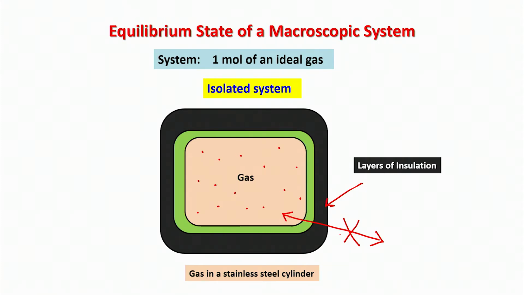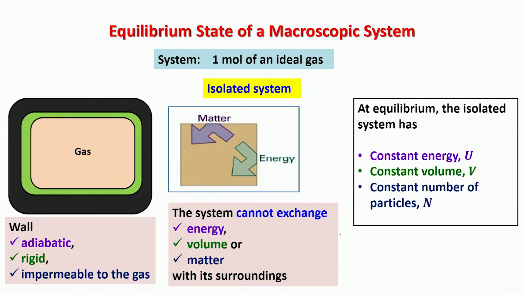Now, when I go ahead and look at further the properties of this gas cylinder, I find that my system of interest is now surrounded by a wall which is adiabatic, which means that it is insulated and therefore it does not allow any exchange of energy between the system and its surrounding.